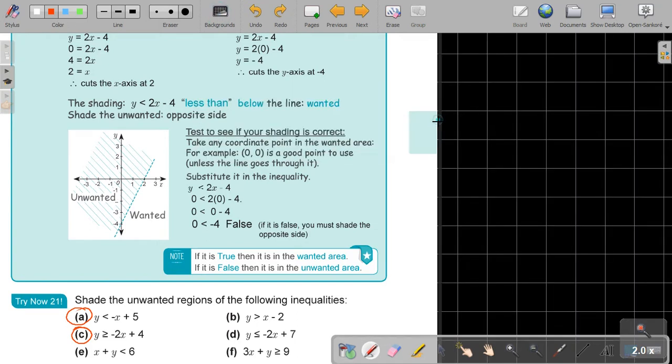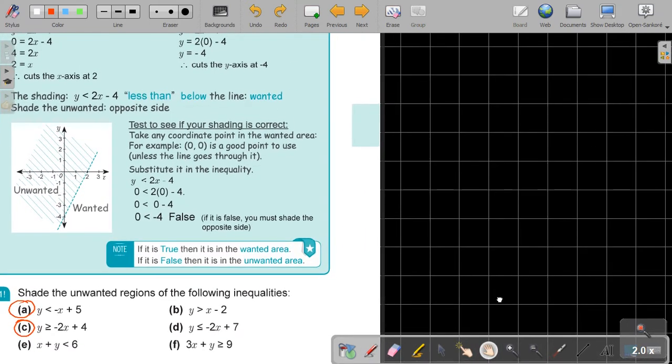Again, I'm going to put a grid on. Going to move it a little bit. So I'm going to start with A, but because these are more complicated lines, let's first work out where it cuts the x and the y axis. I'm first going to write down the inequality. Then I'm going to make it an equal sign for the drawing of the line.